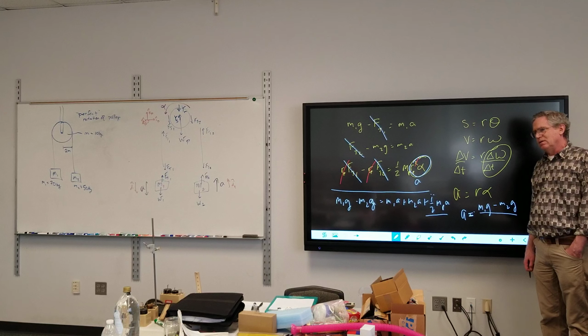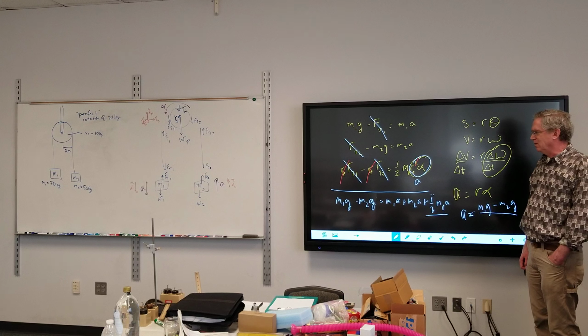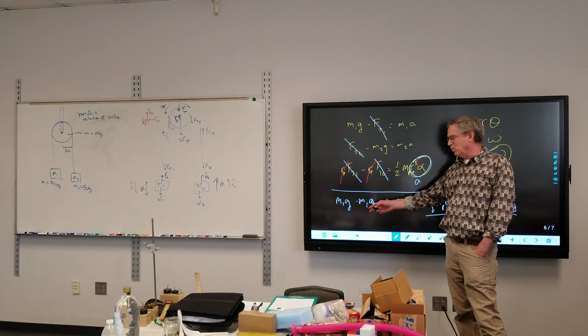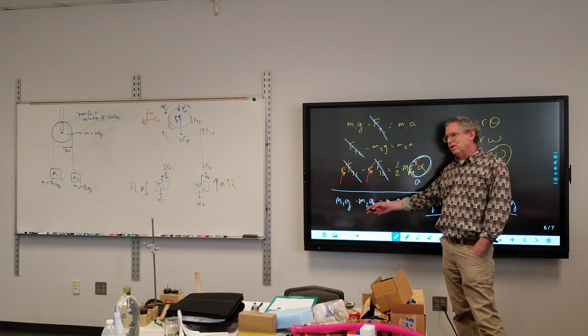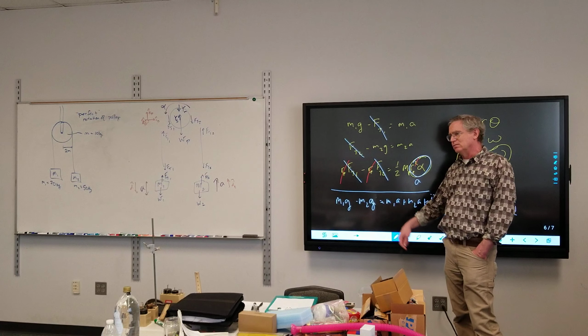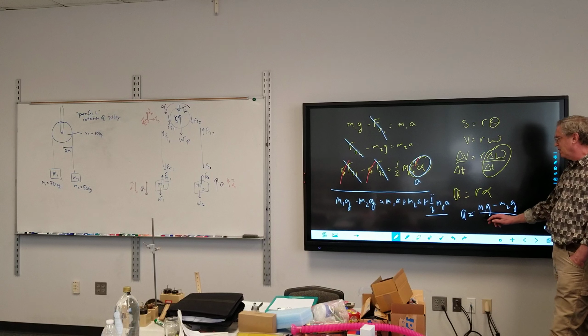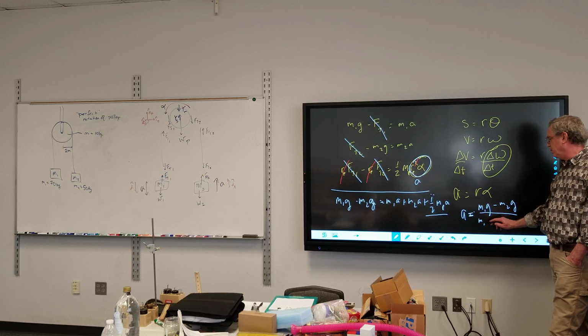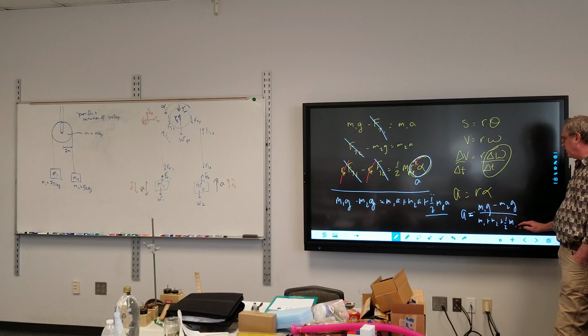Yeah, can't we cancel out M1? But then we'd end up with M2 divided by M1 here. Every term has to have M1 in it as the same factor. And I'm left with M1 plus M2 plus 1/2 MP.